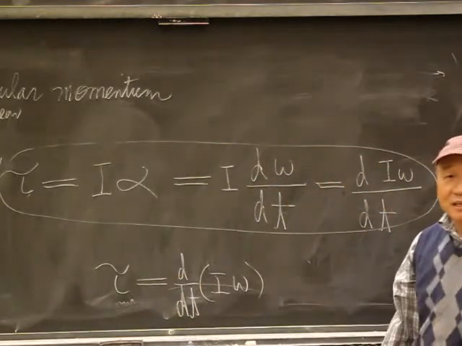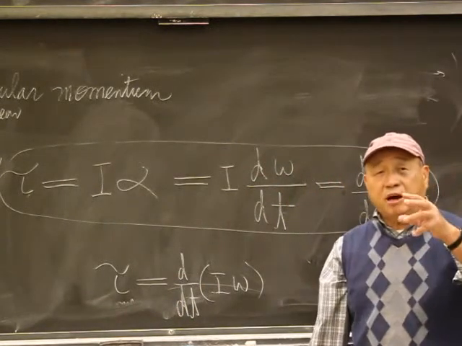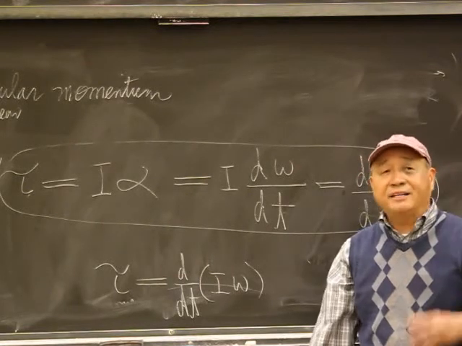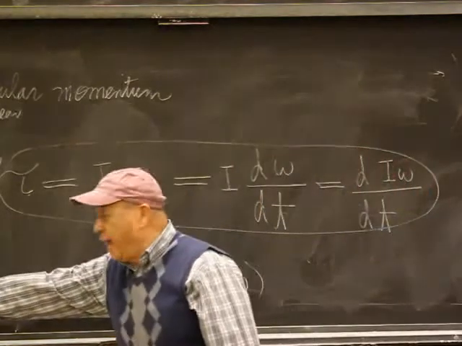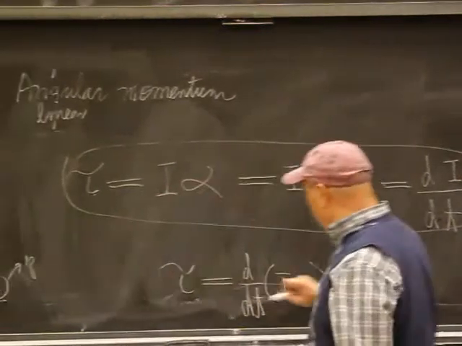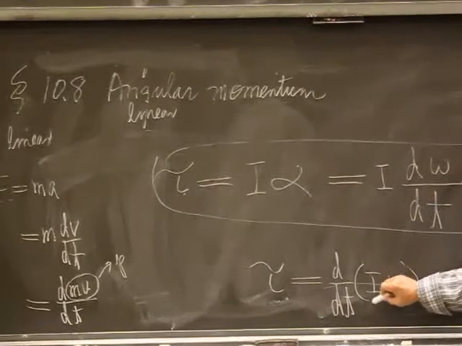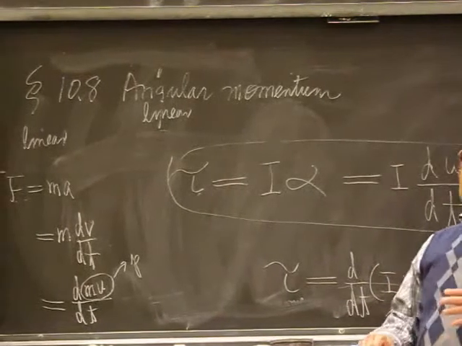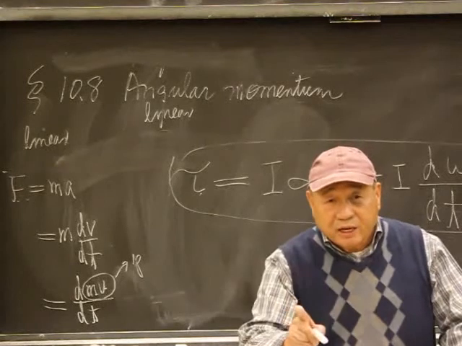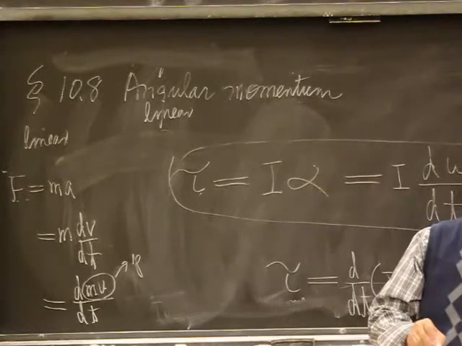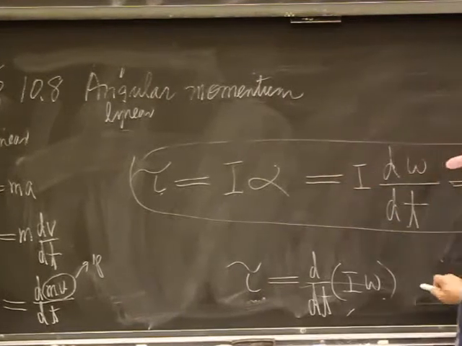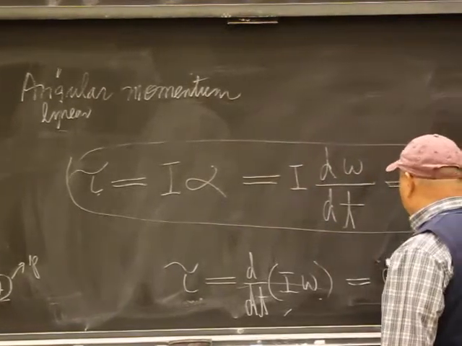Bingo, we got it. So the quantity of rotation turns out to be I times omega. This is related to momentum, but it is related to rotation. Anything related to rotation we give the name angular momentum. So this is dL/dt.